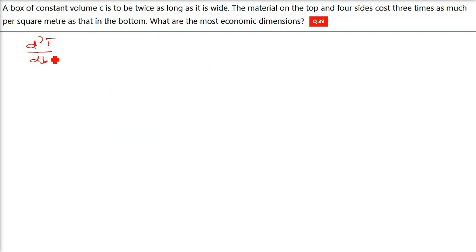Next one is d2T by dB square. Double differentiation you can already do, because you are quite well versed in single differentiation and double differentiation. So I am writing the double differentiated value here. And you remember equations 1 and 2, and the final thing which we got, B cube equal to 9C by 16.